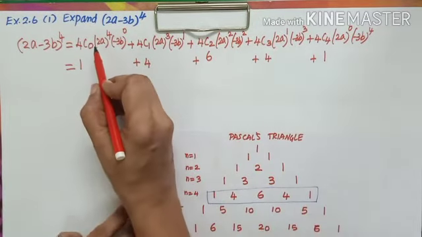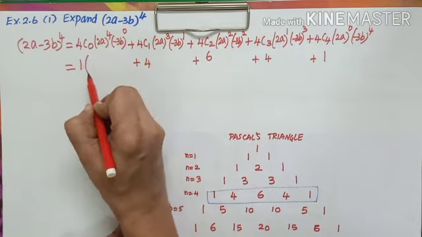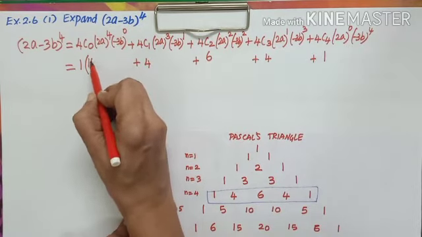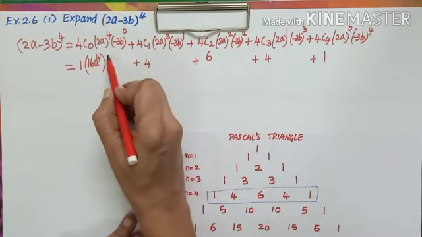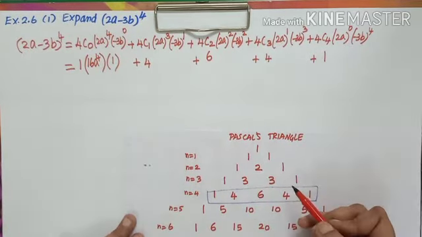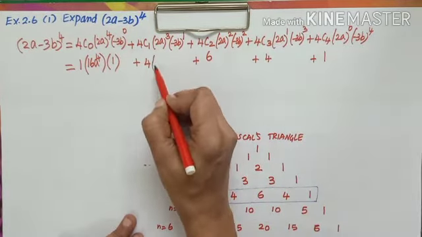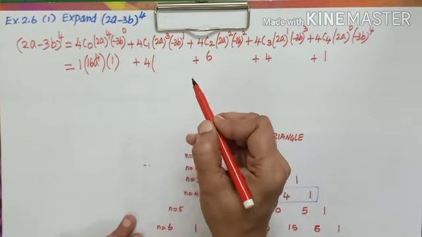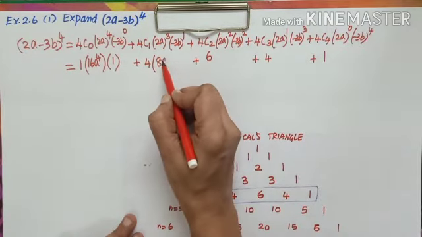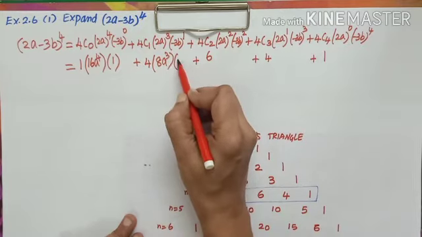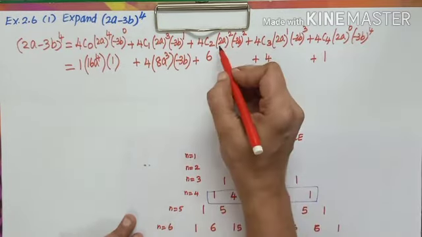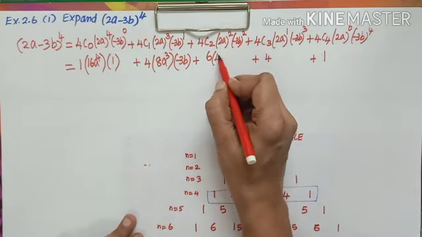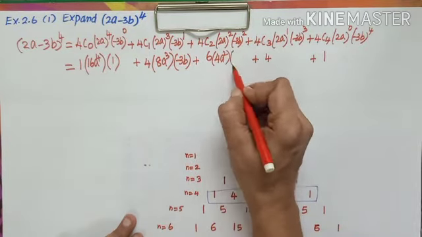Now expand it. 2a power 4, 2 power 4 is 16, a power 4. Anything power 0 we say 1. 2 power 3 is 2 into 2 into 2, 8a cube. Minus 3b power 1 is minus 3b only. (2a) the whole square, 4a square.